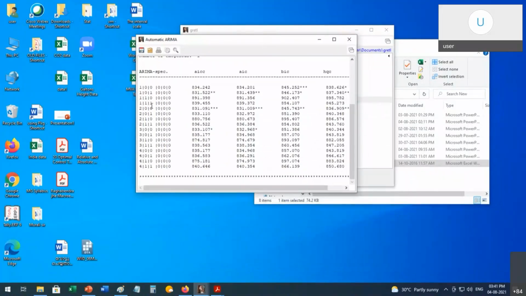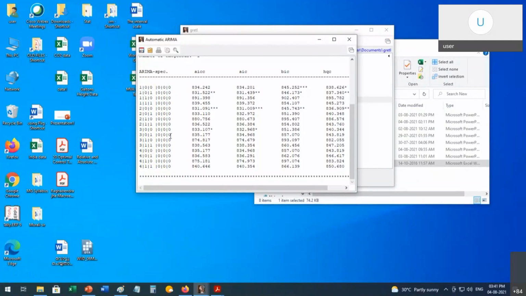Here all the possible combinations are given for the ARMA specification. That is 100000, this is the one that we estimated earlier. Then 101000. All the possible ones are estimated here.